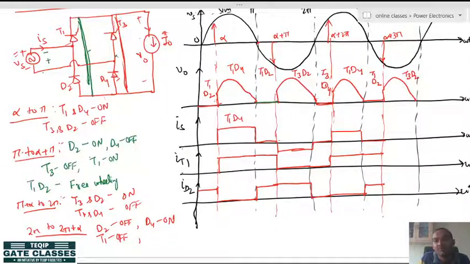Sorry, before T1 D4 is T3 and D4, T3 and D4 is there. So, ID2 must not be there. Okay.